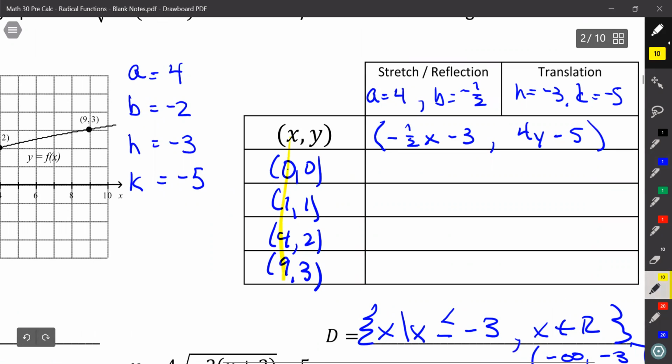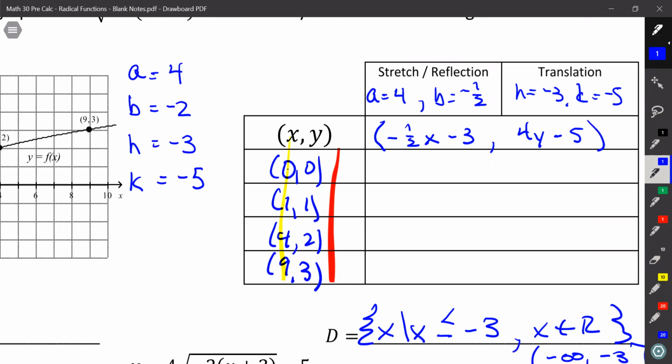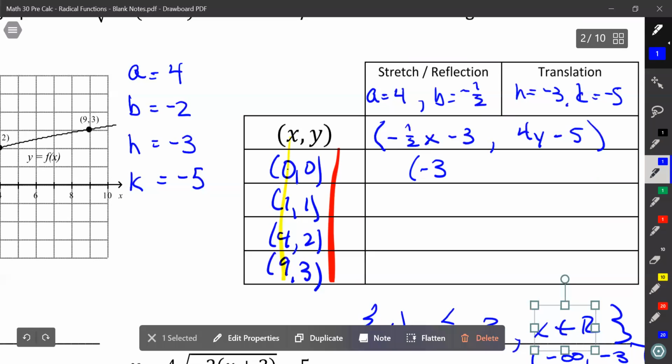So those are the x values. These are the y values that we're going to use, and we map them right into our mapping. So -1/2 times 0 minus 3 is -3. 4 times 0 is 0 minus 5, the h and k value.